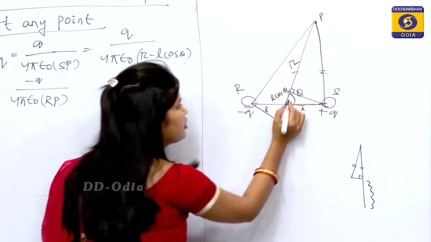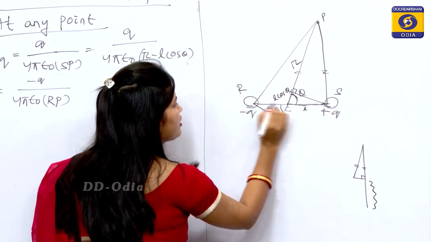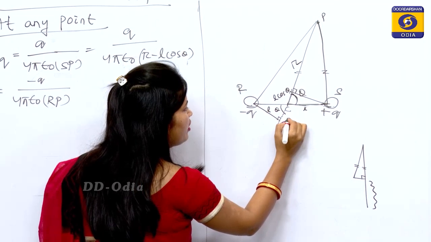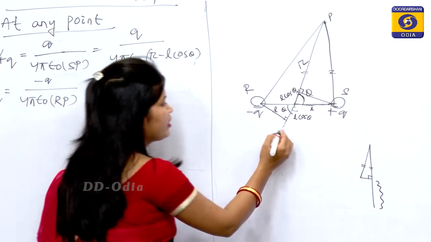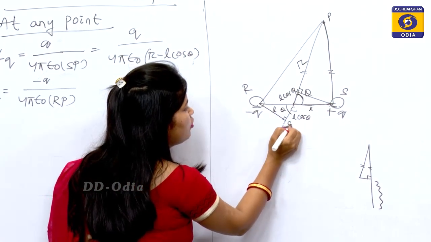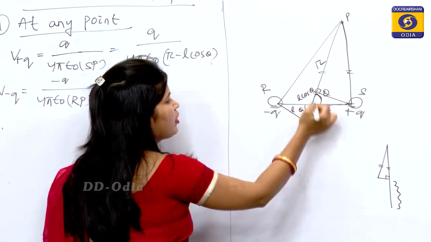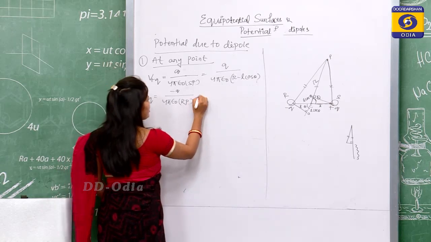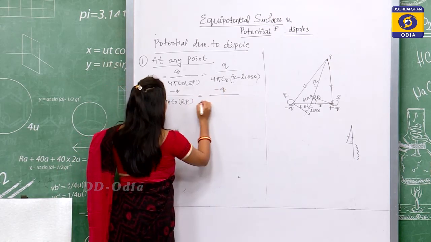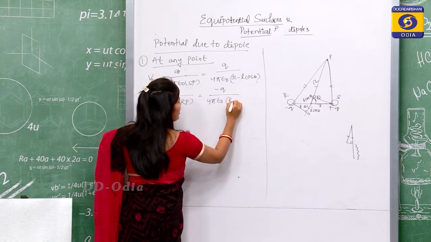This angle is theta, also this angle will be theta, and this length is L, so this component will be L cos theta. I will mark here O. So, OP distance is r plus L cos theta, similar to RP. So, the potential is minus q upon 4 pi epsilon naught times (r plus L cos theta).